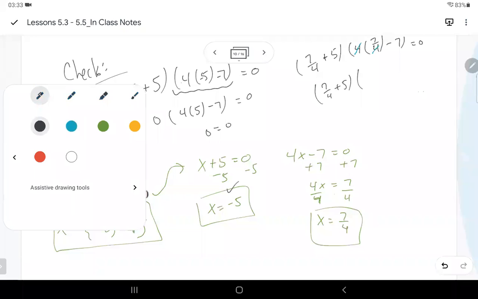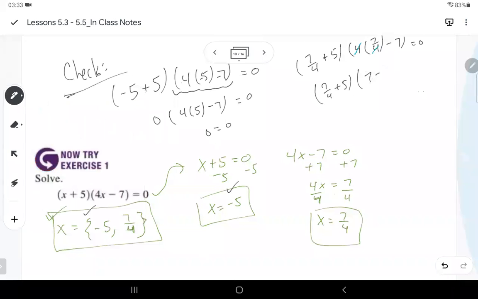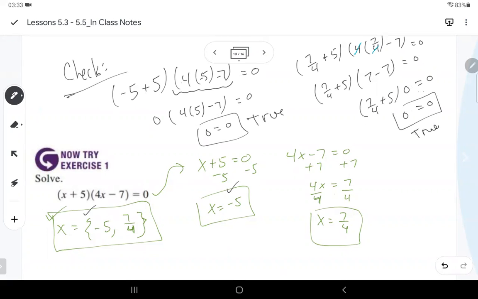So then we're left with 7 minus 7, which is 0. 0 equals 0. So that's true. So then 7/4 also matches.